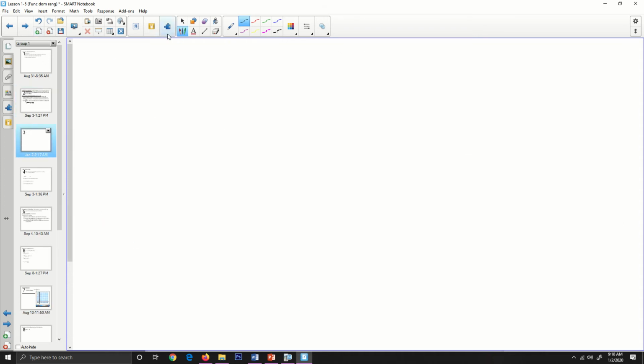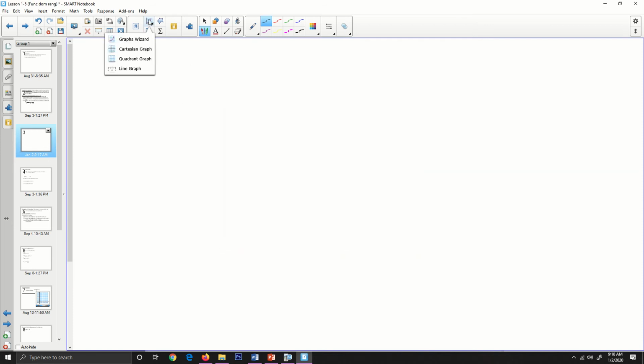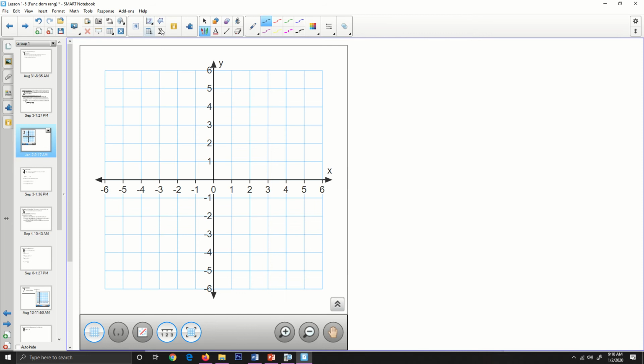So let's talk some examples here. Let's just pull up a general Cartesian graph. If I were to get my line tool out and make a line, a linear equation is always going to be a function. And here is going to be my set A, the real numbers, along the x-axis, and here is my set B along the y-axis.